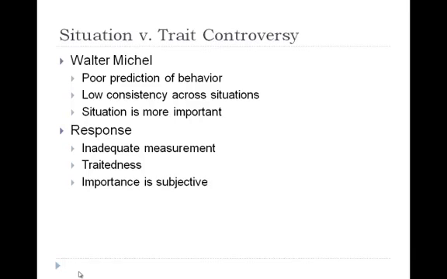And trait theorists, except for some very naive ones, most of them never argue that you could explain differences in individuals' behaviors only based on understanding of their traits. They say it's one influence, and understanding one influence is important, even if it's not the only influence.